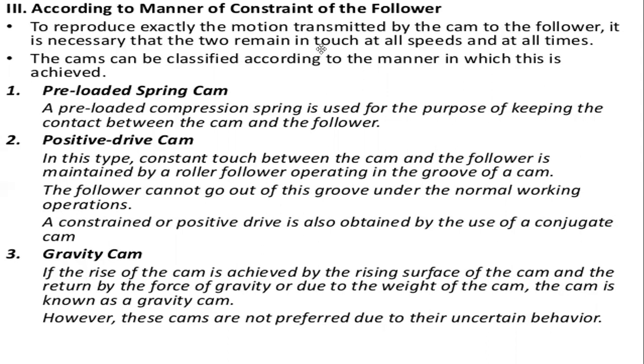To produce exactly the motion transmitted from the cam to the follower, it is necessary that these two remain in touch at all speeds and at all times. They tend to be in contact at all times.